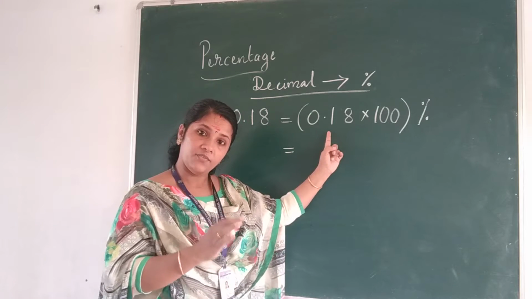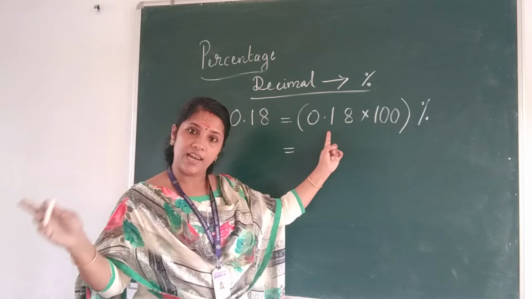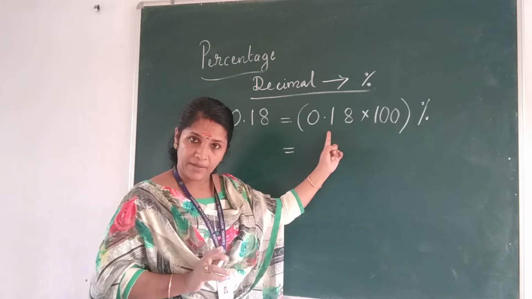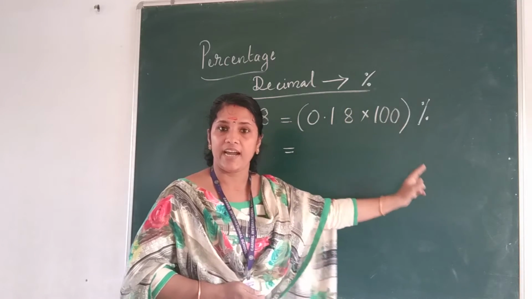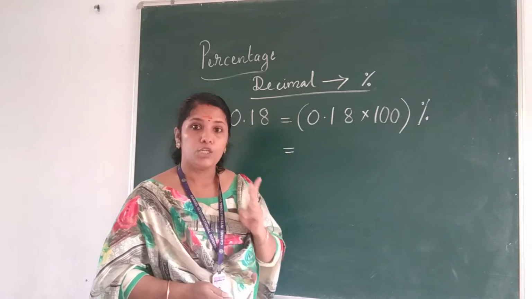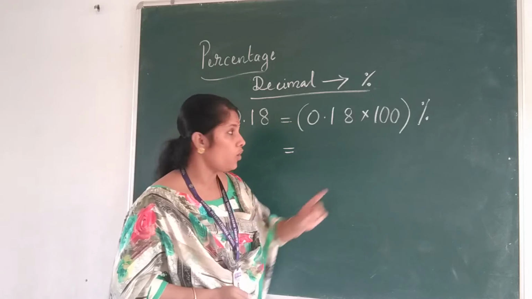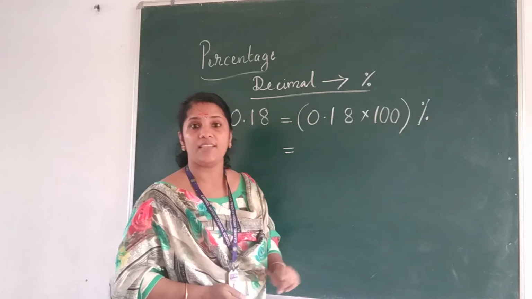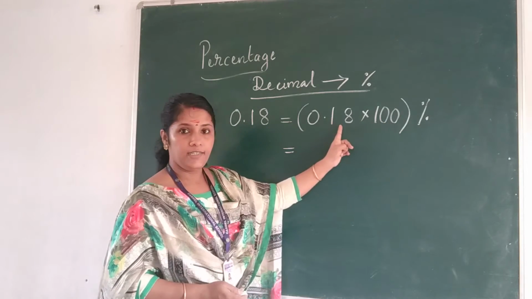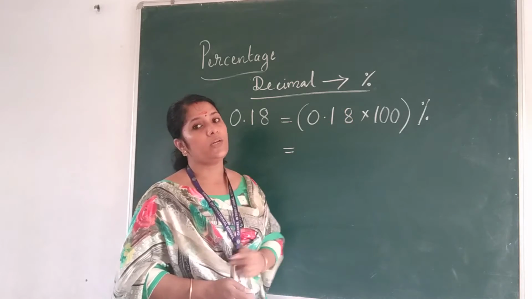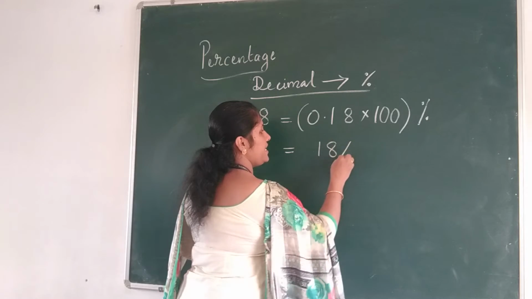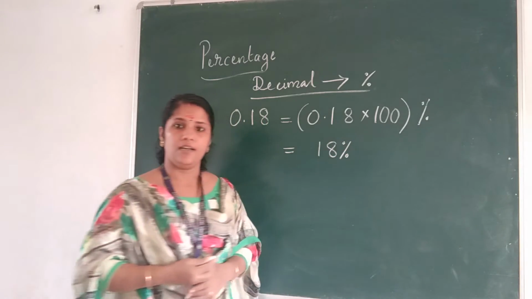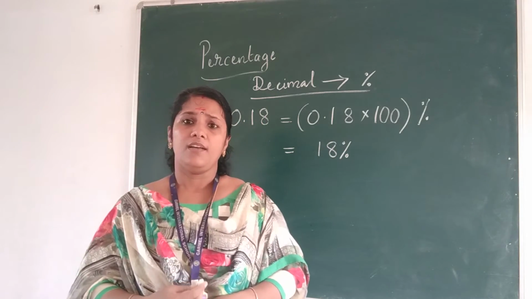In division, we are jumping towards the left side. Multiplication means we have to jump towards the right side. How many jumps? 2 jumps. Why is it so? Because 2 zeros are there. 1, 2. So, it is 18. 18% is the answer. So very simple.